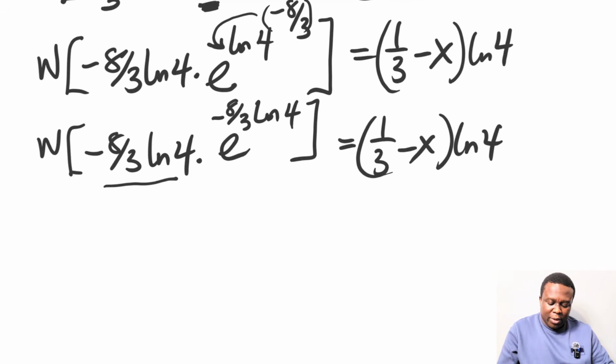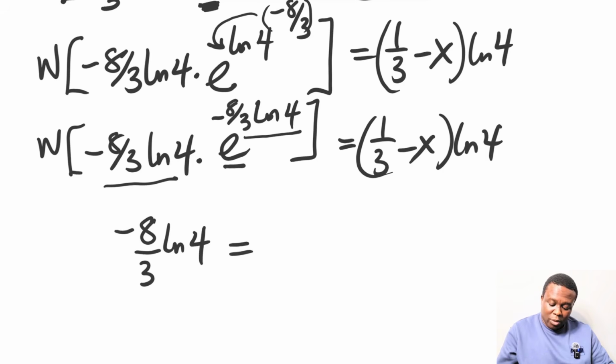So now our base looks like our power, and we have our e. And then from the Lambert's rule, W of a e raised to the power a is equal to a. So the left-hand side becomes minus 8 over 3 ln 4 equals (1 over 3 minus x) ln of 4.